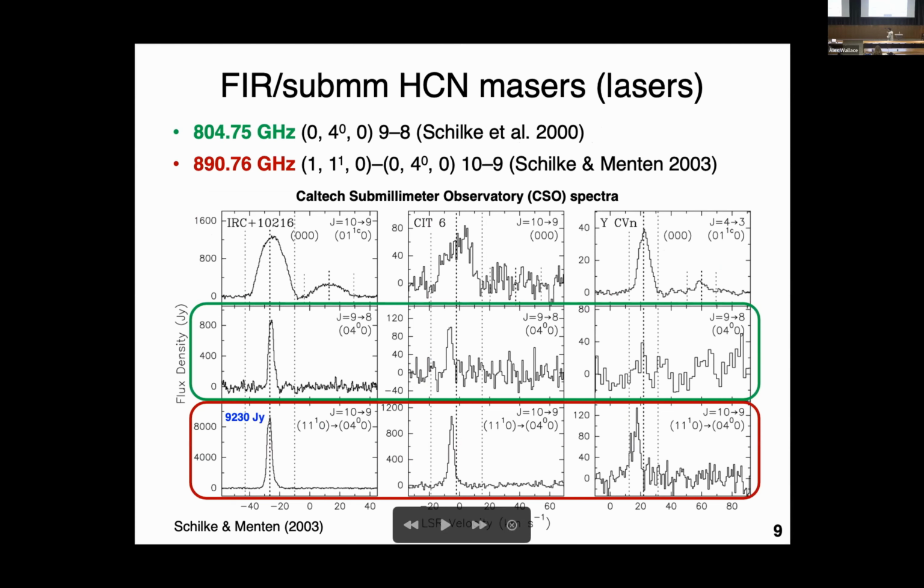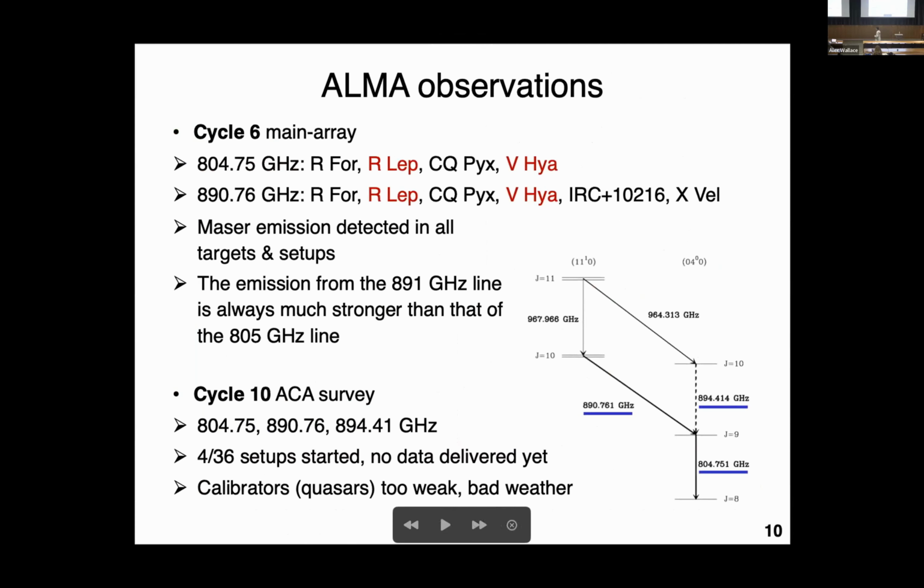So in cycle 6, we had an ALMA proposal in order to carry out more searches of these examples of HCN masers, and also try to obtain some constraints on the spatial distribution of these masers. In the end, 6 setups were observed, and all of them have shown intense HCN maser emission.